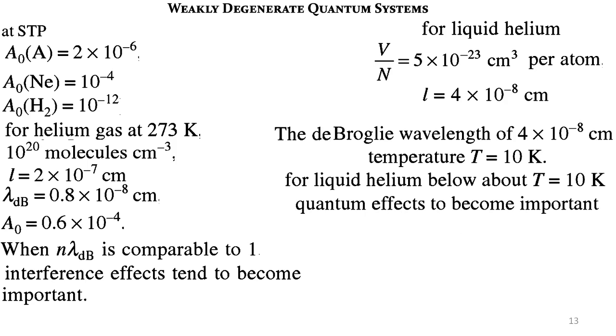That is called superfluidity, and that is a quantum effect. So this is how the simple idea of n into lambda de Broglie can be used to investigate possibilities of new interesting quantum effects in our systems.